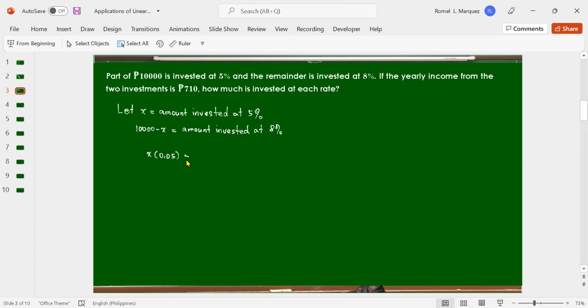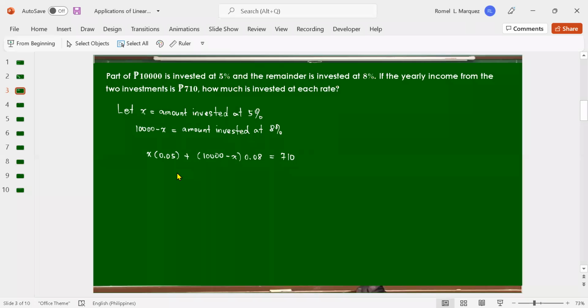So plus, what about the second one? Interest for the second one, 10,000 minus X. So what is the rate? 0.08, then times 1. Total interest or earnings, 710.